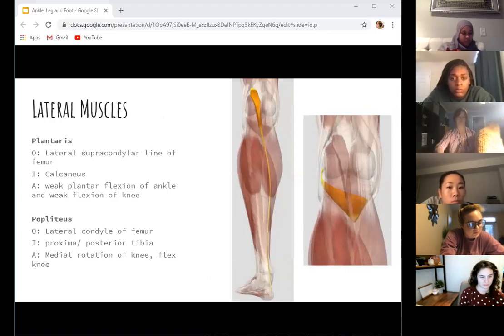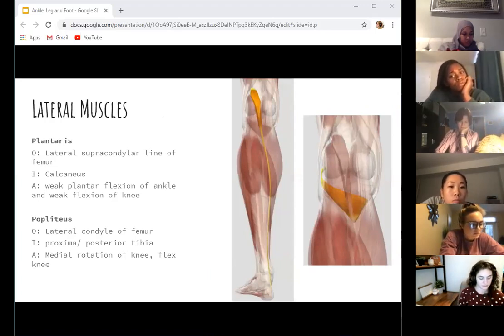These muscles are also considered lateral muscles. This is your plantaris and your popliteus. The plantaris originates on your lateral supracondylar line of the femur. It's going to insert on the calcaneus as well. It is a long, thin muscle with a really long tendon.